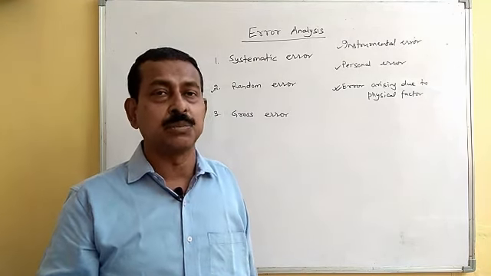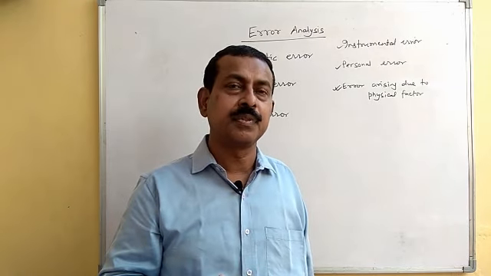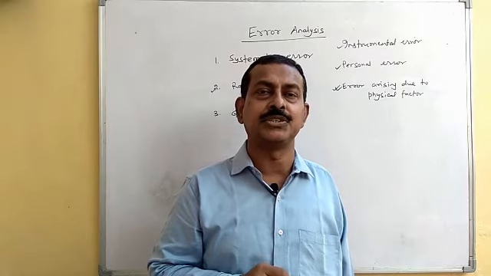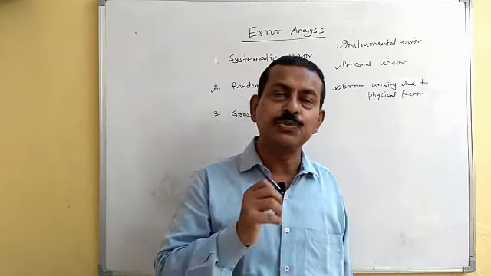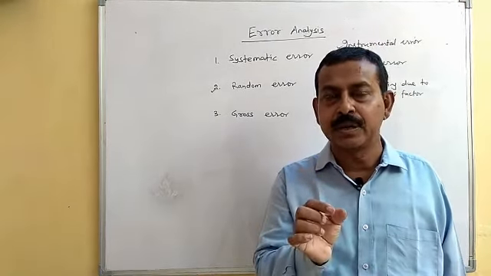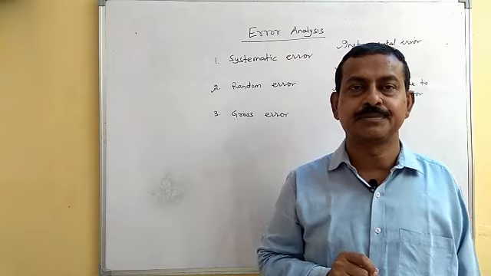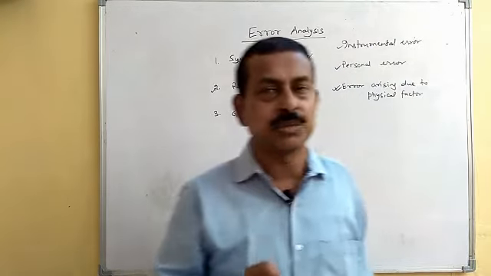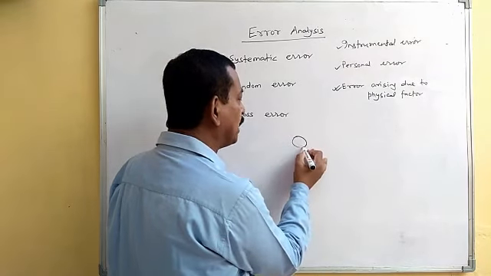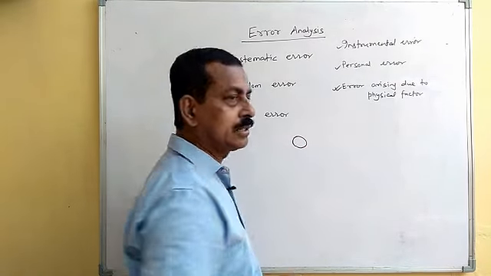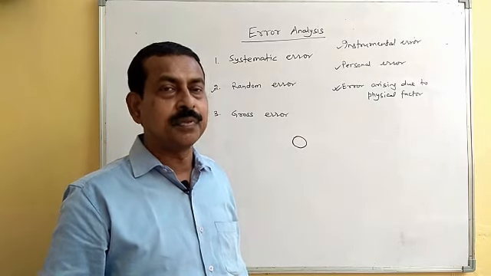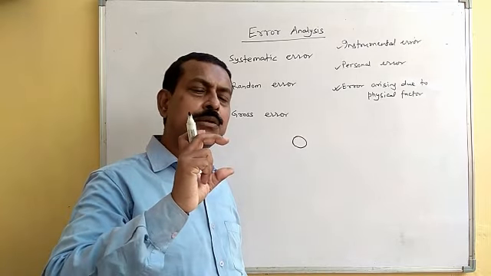Or it is possible that due to mishandling, there will be different values of diameter at different points. So suppose we are taking measurement of that particular wire and trying to measure its diameter. At one point where we are taking measurement, due to mishandling, suppose it has been compressed.